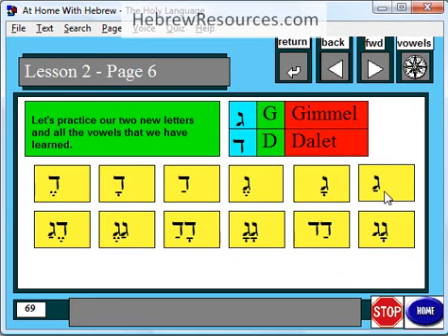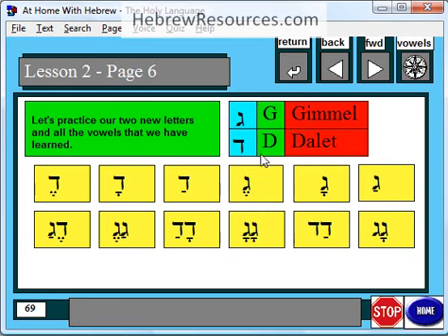Same pronunciation as the first one because the kamatz and the patach have the same sound. Ga. The next one is the Segol. How would you say this box right here? Ge. Or again, some people might say gay instead of ge.